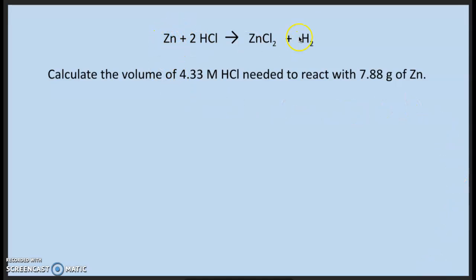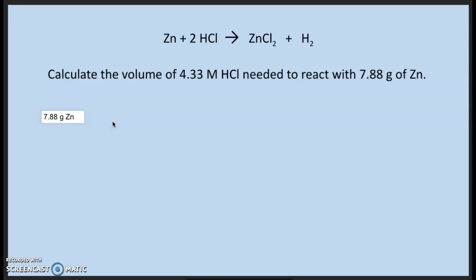So I start with this one here. We've got a complete balanced chemical equation between zinc and hydrochloric acid, and we're asked to calculate the volume of 4.33 molar hydrochloric acid that is needed to react with 7.88 grams of zinc. So the approach that we're going to take here is really familiar. It should be really simple for us to do. We have our starting mass of zinc.